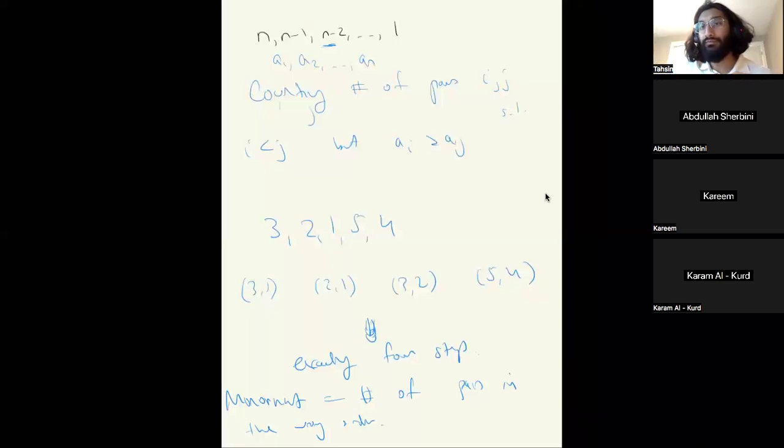It doesn't go up and down. And in this case, it always decreases by 1. So it tells you the exact number of steps for this algorithm to terminate. Does that make sense? Yes. Okay, great.